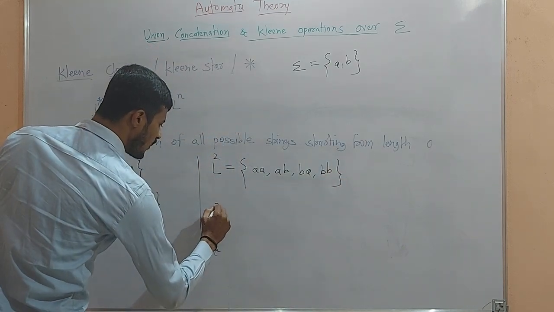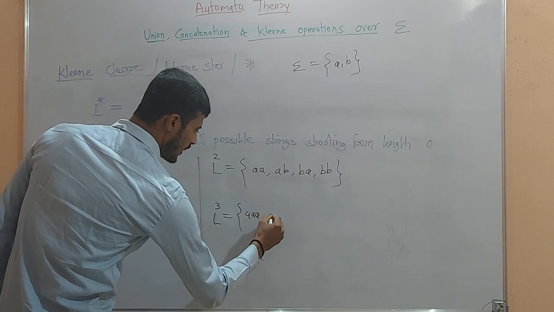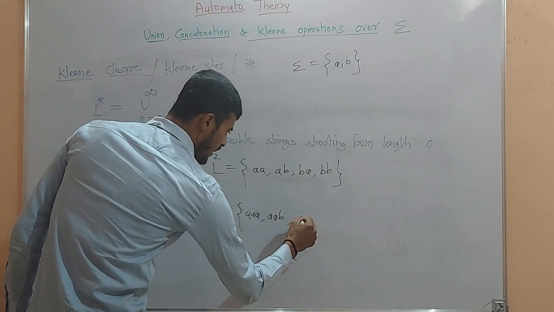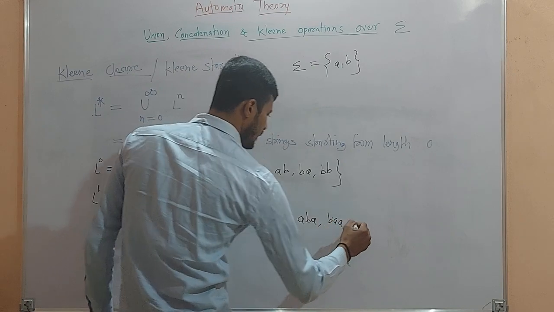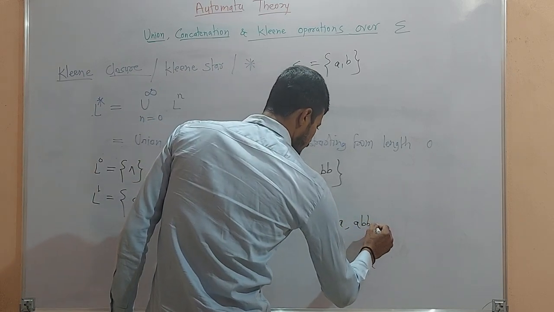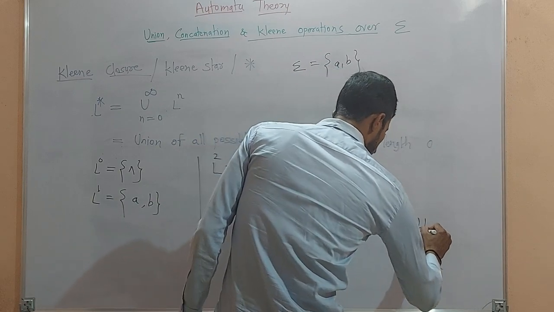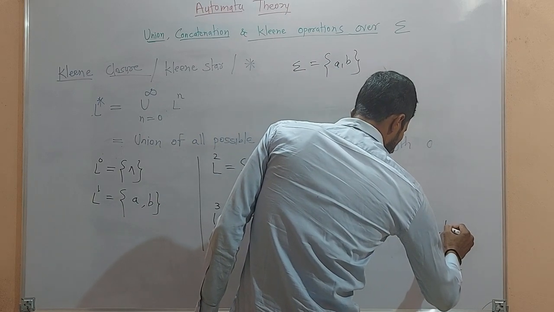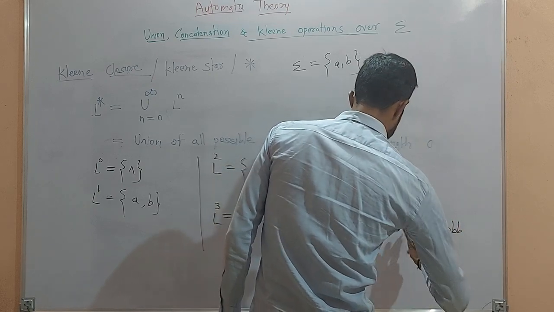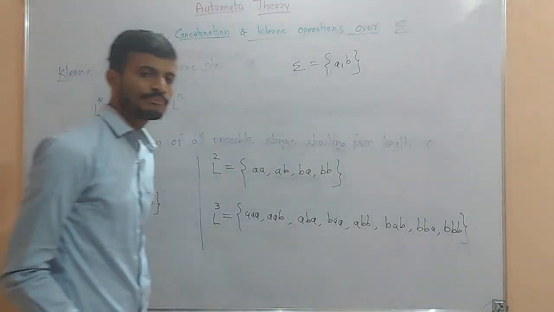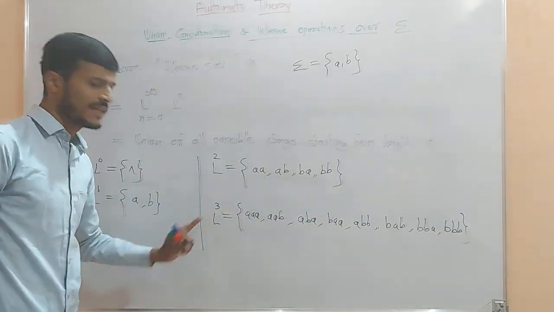Then L3 will be AAA, AAB, ABA, BAA, ABB, BAB, BBA, BBB. That's all. These are the possible strings with respect to L3.